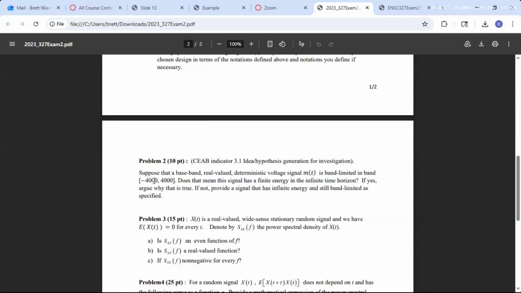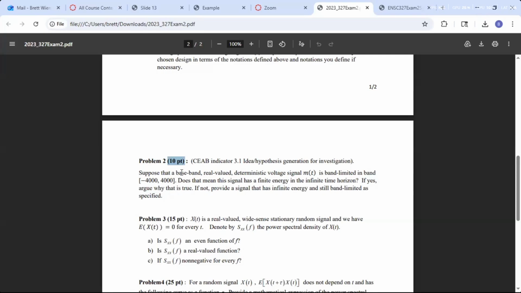If yes, argue why it is true. If not, provide a signal that has infinite energy and is still band limited as specified, right? So it's a little bit of a puzzle, right? And it is worth like 10% of the final exam. So it's not trivial. Of course, it's pretty easy if you know the meaning of all these words, whereas it would be a lot of work for 10 points if you don't.